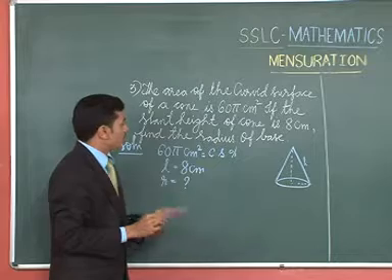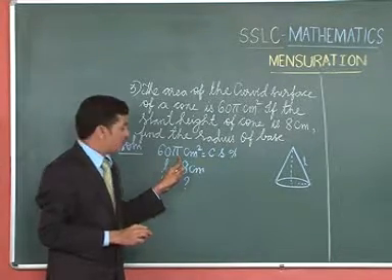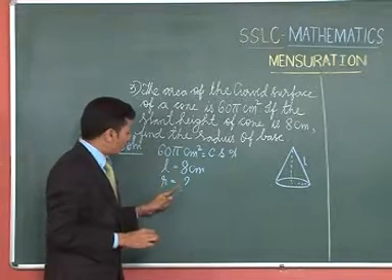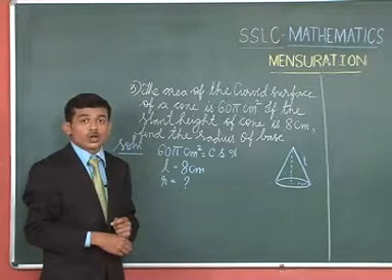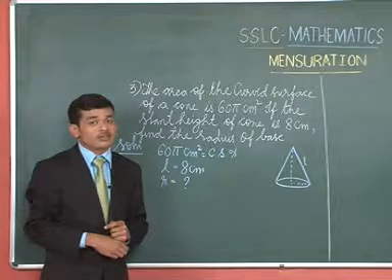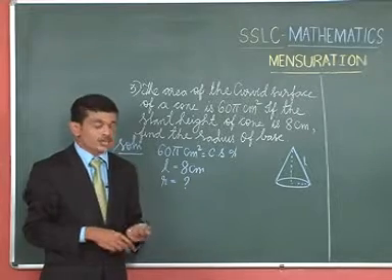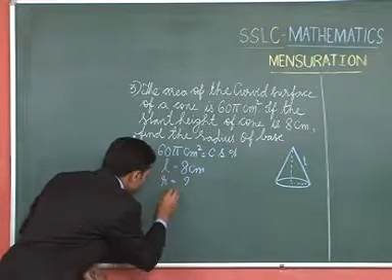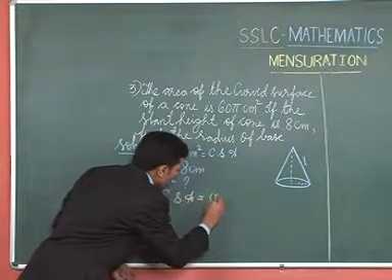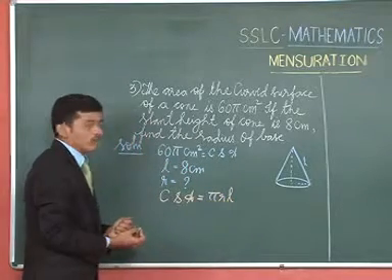So we are given the curved surface area, that is equal to 60 pi centimeter square, and the slant height is equal to 8 centimeter, and we are asked to find out the radius of the cone. So we already know the formula to calculate the curved surface area. What is it? Yes, it is pi r L. Write it down. The formula to calculate the curved surface area is equal to pi r L, where r is the radius and L is the slant height.